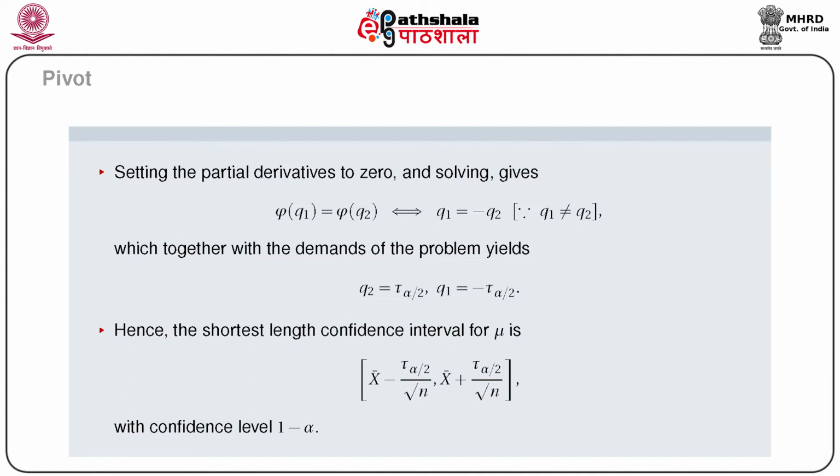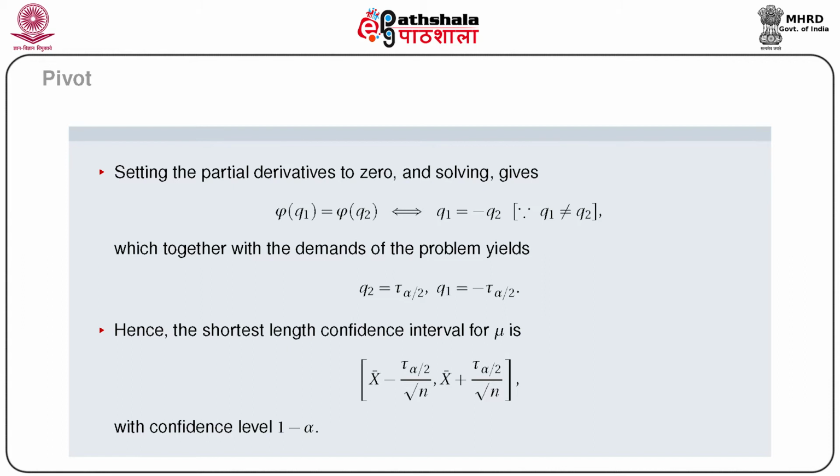By symmetry of the normal distribution, we get small q2 is equal to minus small q1, and hence small q2 is equal to tau alpha by 2, where tau alpha by 2 denotes the upper 100 times alpha by 2 percent point of the normal(0, 1) distribution.